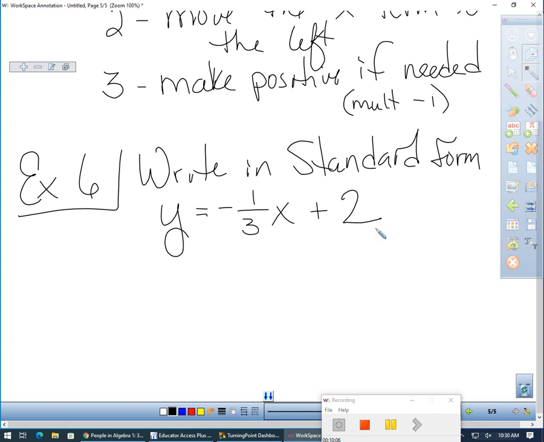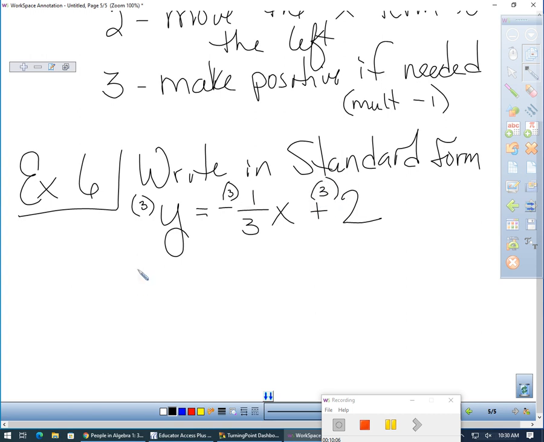Yeah. 18 through 20, yes. Clear the fraction. How do I do that, Jess? Times everything by what? 3. Yep, that's the common denominator, so we're going to times everything by 3.